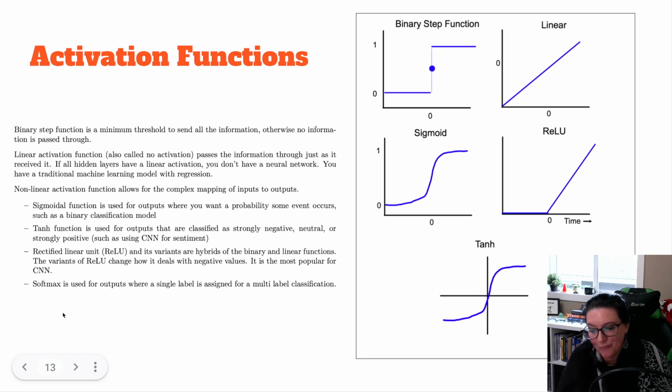If you are doing multi-label classification, so you have multiple categories, then your last layer before your output is going to be a softmax. And that's where a single label is assigned.